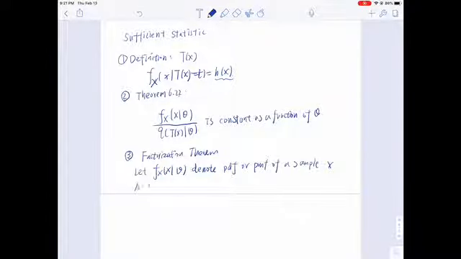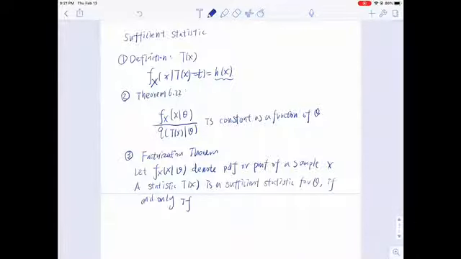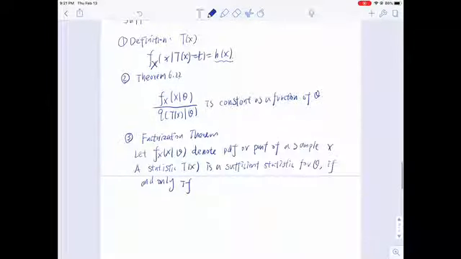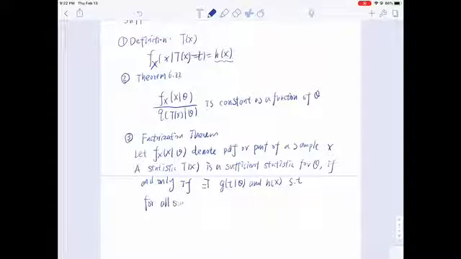We call a statistic T(x) a sufficient statistic if and only if there exist functions g(t|theta) and h(x) such that for all sample points x and for all parameter points theta, we have the following equality.